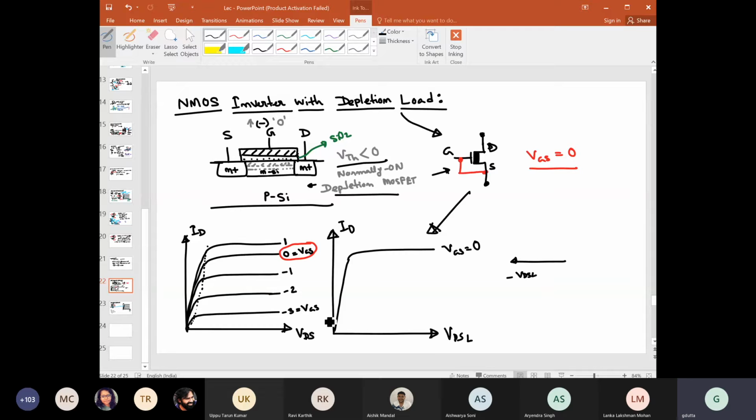So just make a mirror of this, right? So this is ID. Then it will look like this, right? We are just taking a mirror of this, because we are making the axis as minus VDSL, right?